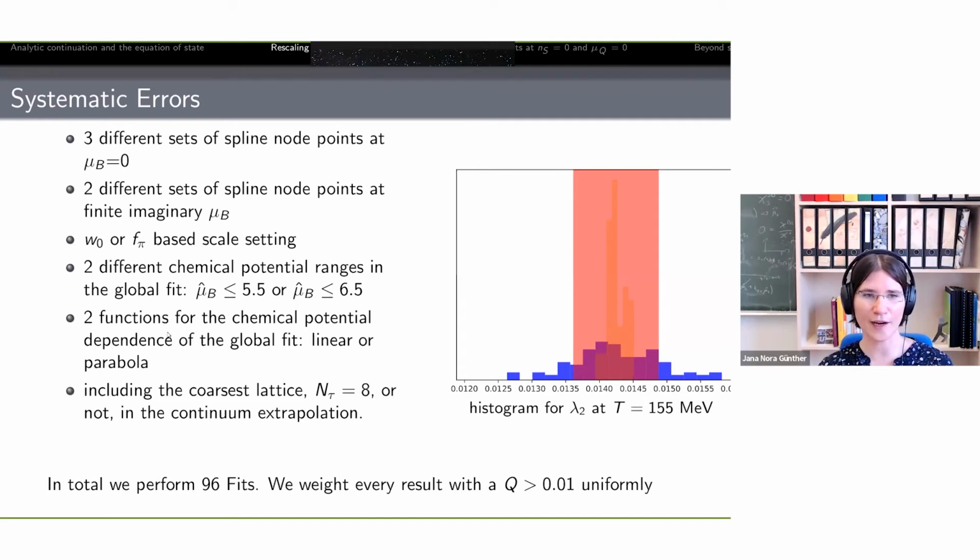And we also use two functions for the chemical potential dependence of our global fit, which I will introduce in a moment, either a linear or a parabola. And we either include or exclude our coarsest lattice in the continuum extrapolation. This in total leads us to 96 fits, which we weigh uniformly with a cutoff in the Q value of 1%. So if a fit really doesn't fit our data, we throw it out. Otherwise, we just keep it and weigh everything uniformly.